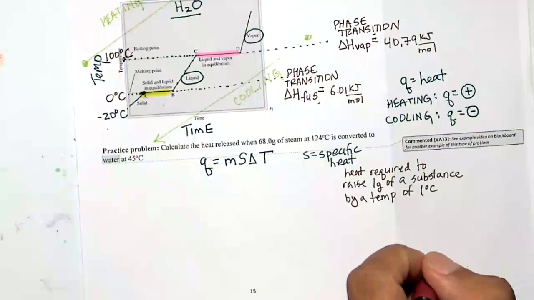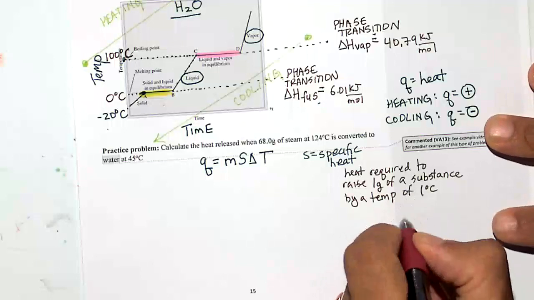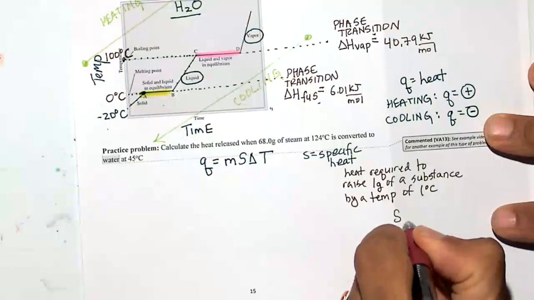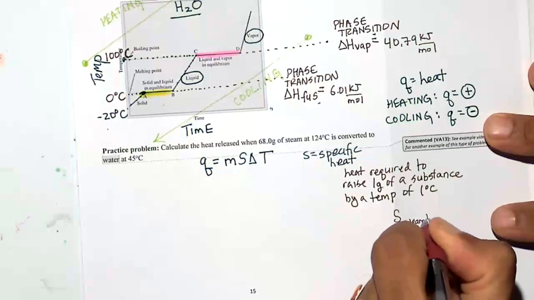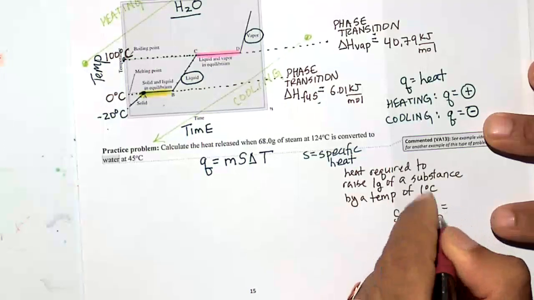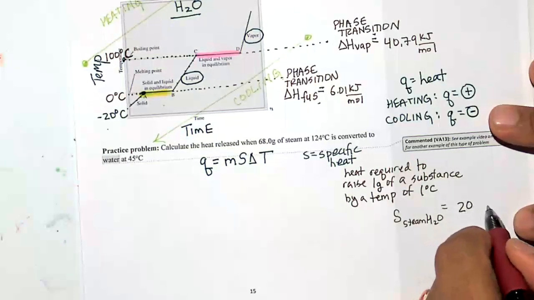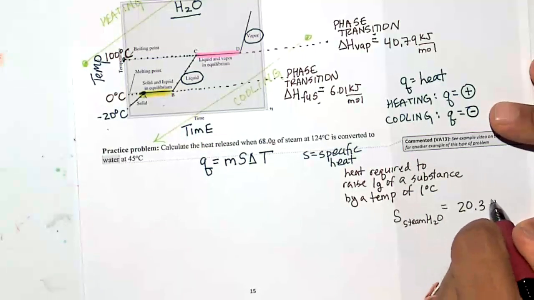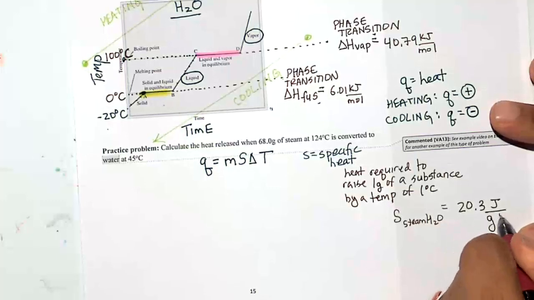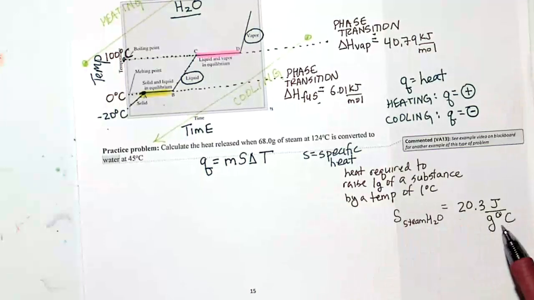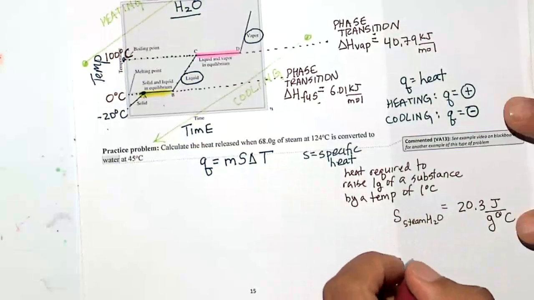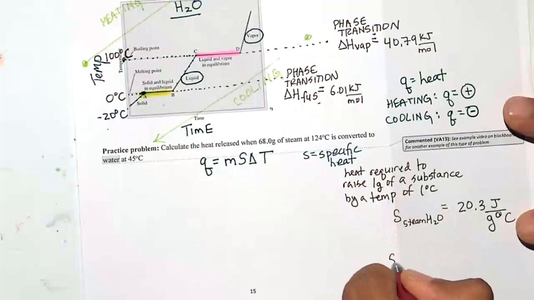All right, so let me give you some constants. These are constants, that's why you don't need to know them. The specific heat for water as steam is 20.3 joules over grams degrees C. I don't remember where I got this constant from, maybe the book.